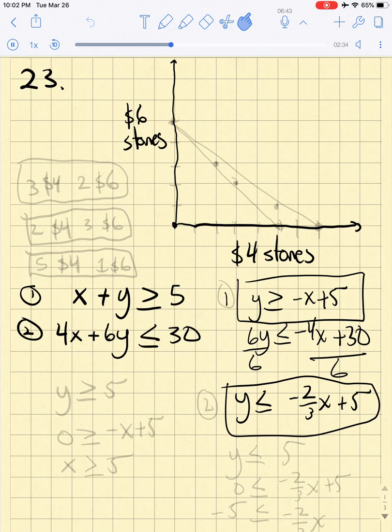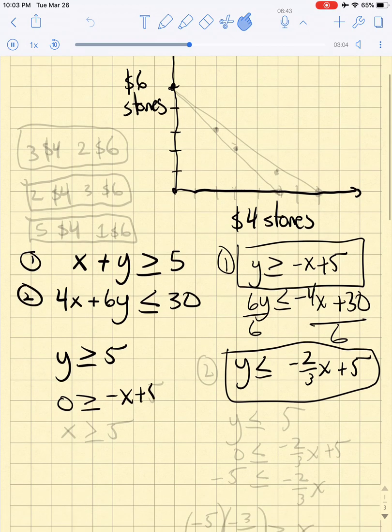So the first one, number 1, if I let x be 0, then I have y must be less than or equal to 5. So that would be, this is for the y value. So we have 1, 2, 3, 4, 5. We put a dot right there. But if I let instead y be 0, I have 0 must be less than or equal to negative x plus 5.